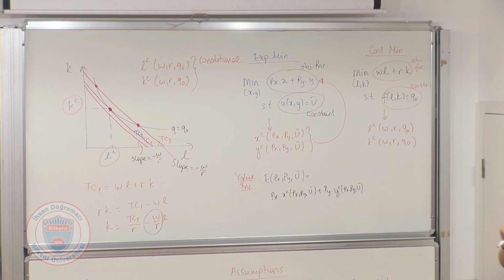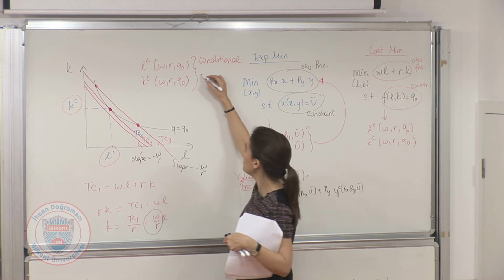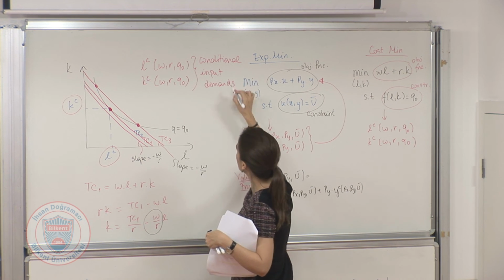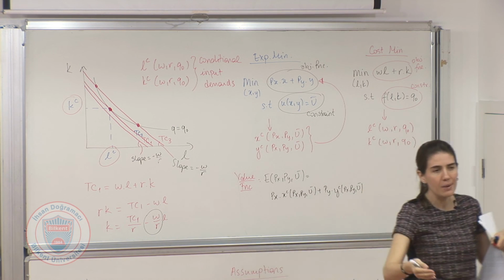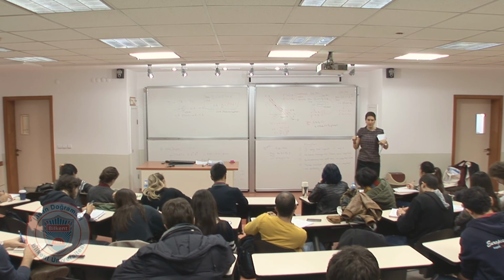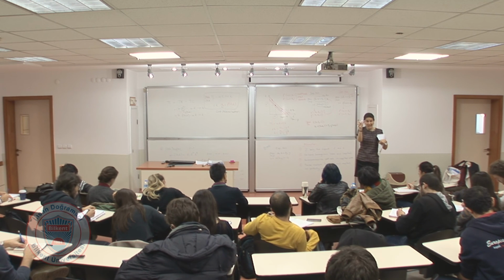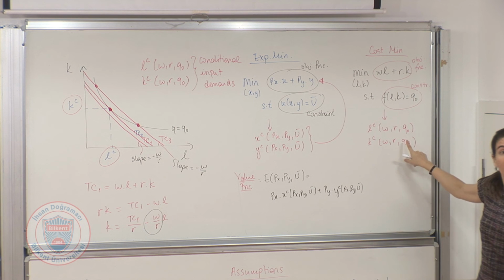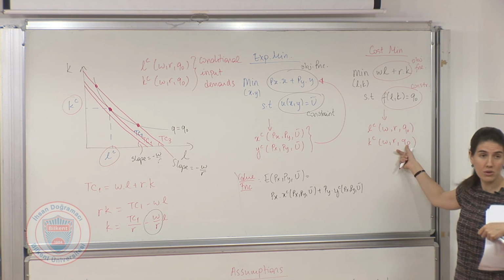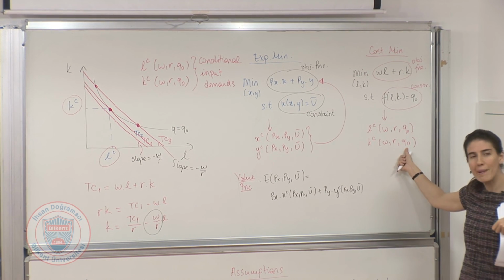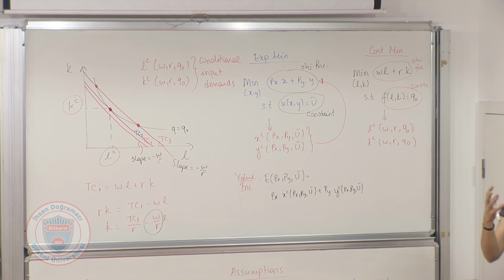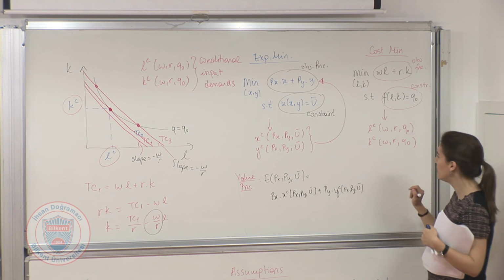It doesn't matter. Conditional demand for labor, conditional demand for capital, because they're conditional on this output level. If you want to produce this amount of output, this is the optimal L and this is the optimal K that you should be using. So these are called conditional input demands.